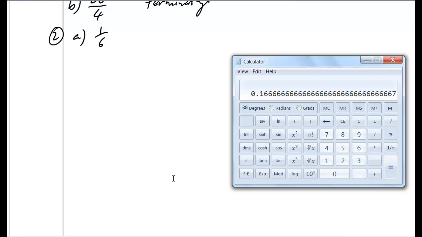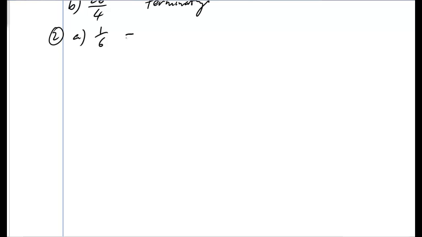Okay, and write that so that you show the recurring. Okay, so it's 1.66 is recurring. So the way you write that is 1.6 and put a dot above the 6. That means that 6 is repeated, recurring over and over again.